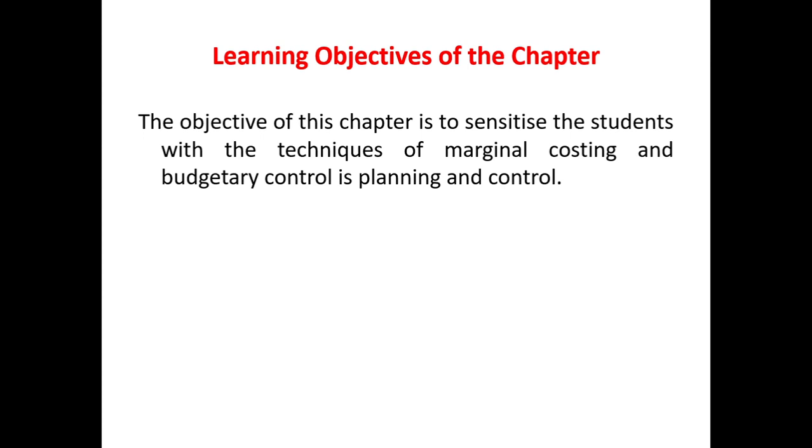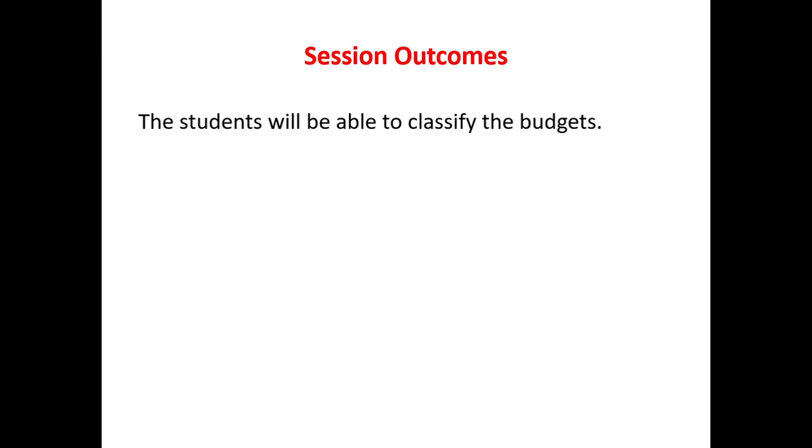The main objective of this chapter is to sensitize the students with the techniques of marginal costing and budgetary control, which is planning and control. The main outcome of this session is that the students will be able to classify the types of budgets.